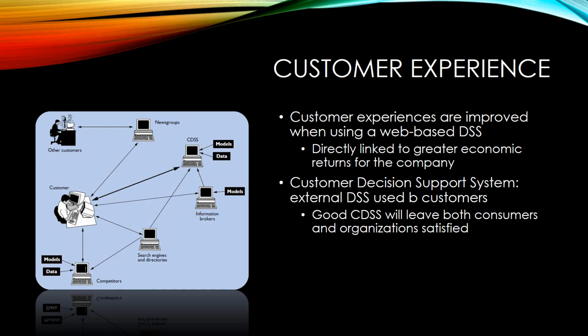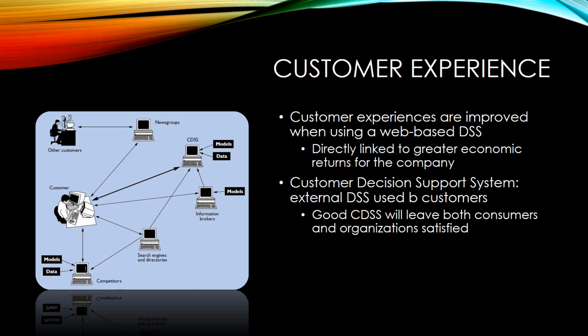The image here does a good job of showing a general basic model for how interactions with a customer decision support system work. Say, for example, I logged on to Amazon.com and I just went to their homepage. On that homepage, I would find recommended items.